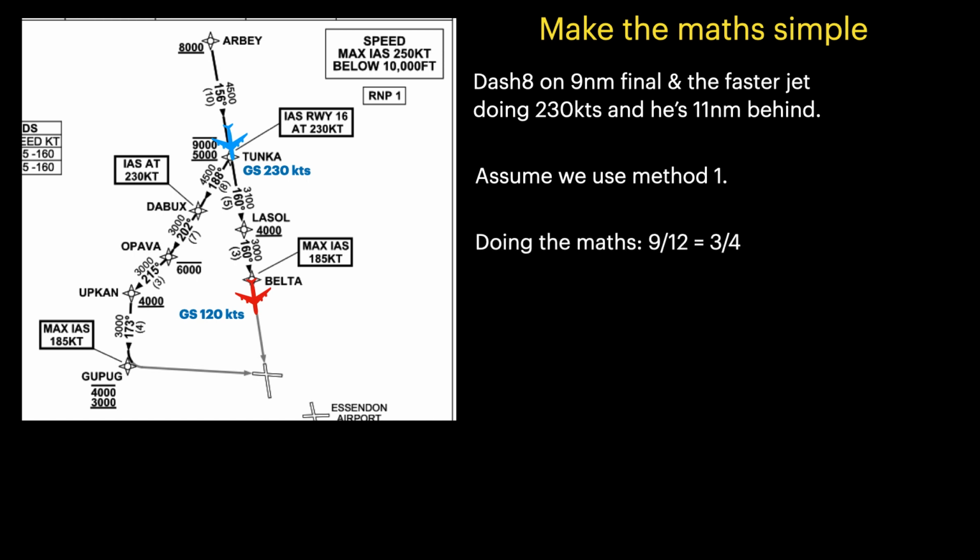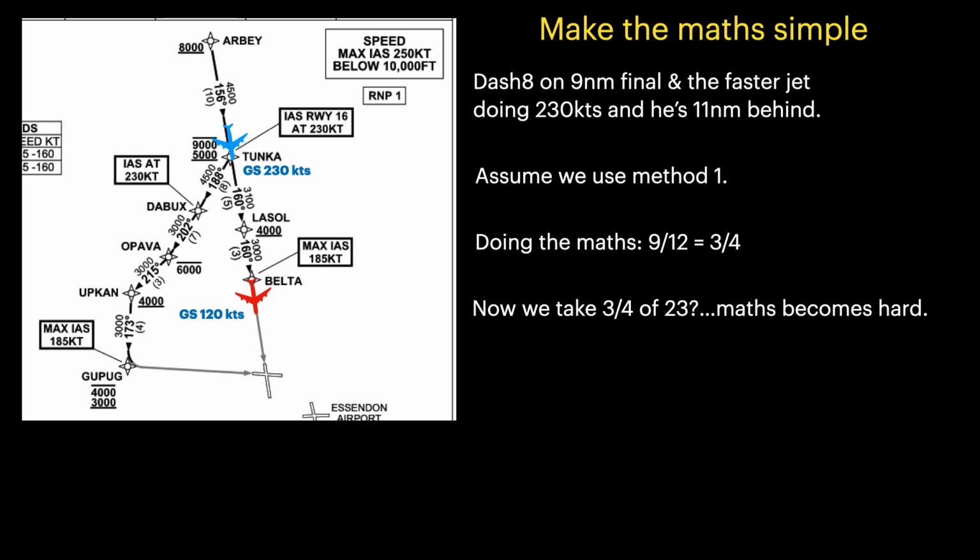The red guy, he's 9 miles distance to run, over his speed of 12, we get 3/4. So now what's 3/4 of 23, which is the speed of the guy at Tunka? The maths becomes quite hard.